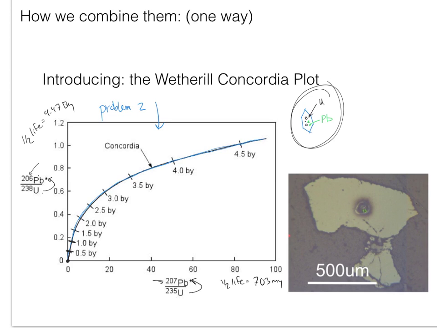And so that explains why this curve looks the way it does. We're going to be accumulating daughter faster here, which is why at 3 billion years, the ratio of 207 to 235 is 20, whereas the ratio of 206 to 238 is only 0.6. And that's because that daughter is accumulating much slower.